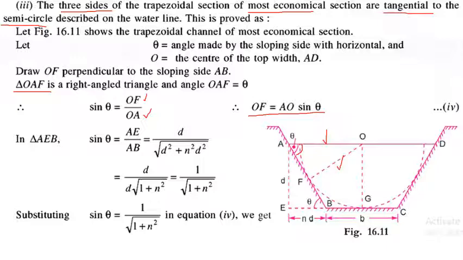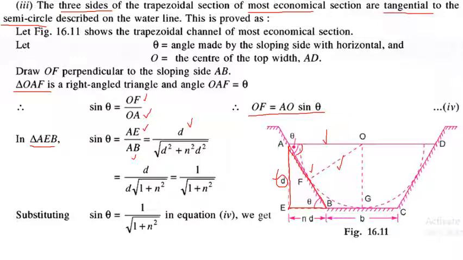And if we consider another triangle AEB, here also we have a theta, and sine theta is equal to opposite side AE by AB. Opposite side AE by hypotenuse AB. That is, AE is d, which is the depth of flow. d by AB, where AB is square root of d square plus n square d square.